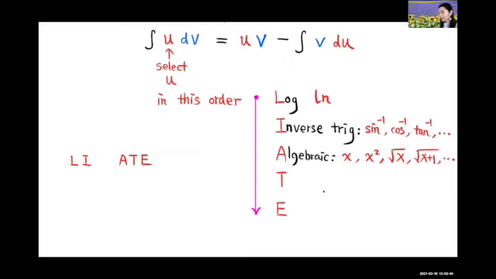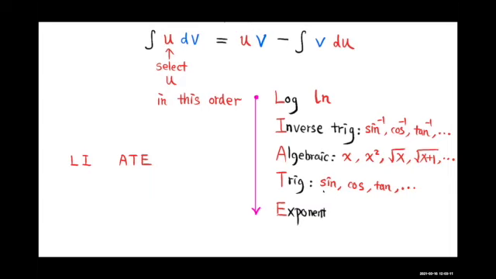Those are algebraic functions. The T stands for trig functions: sine, cosine, tangent, etc. Guess what the last one, E, stands for? Exponential, you got it.